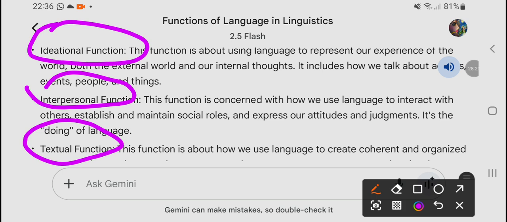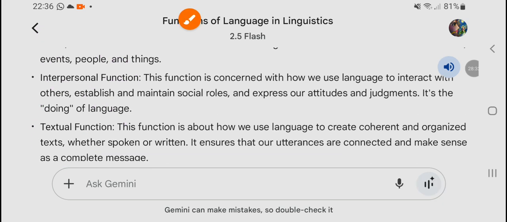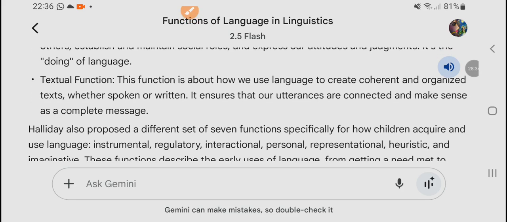And last, textual function, when we write, when we use language and messaging that is very formal, when we are very aware about our writing or speaking, but it must be very crystal clear and in an ordered way, right?